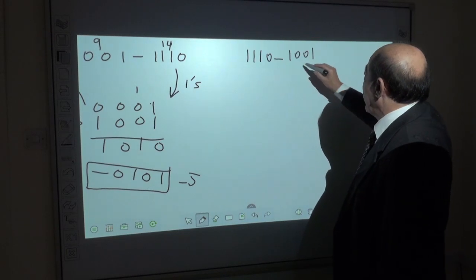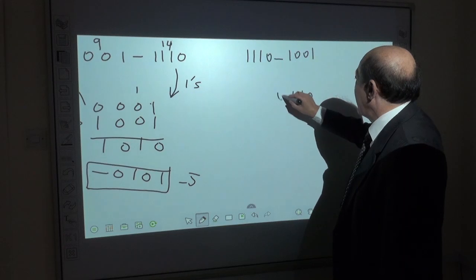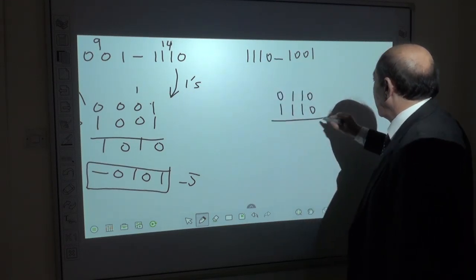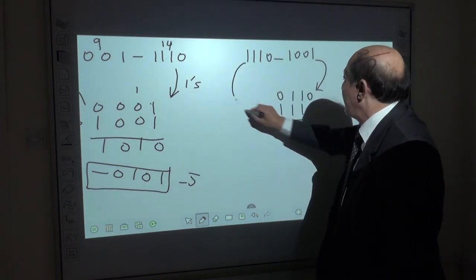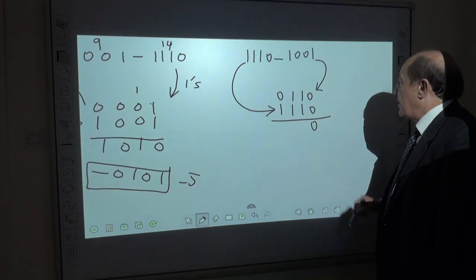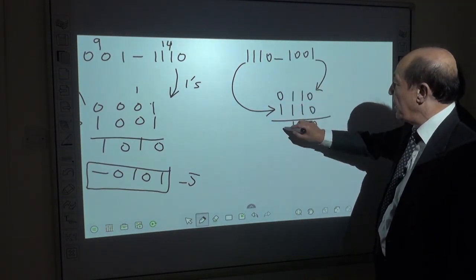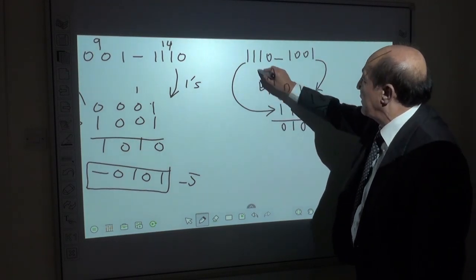We complement this value, 0, 1, 1, 0, and add A to it. This is the complement, and this is the first number. We add them together: 0 would carry 1, 1 would carry 1, 1 with 1 is 0, and we have an end-around carry.